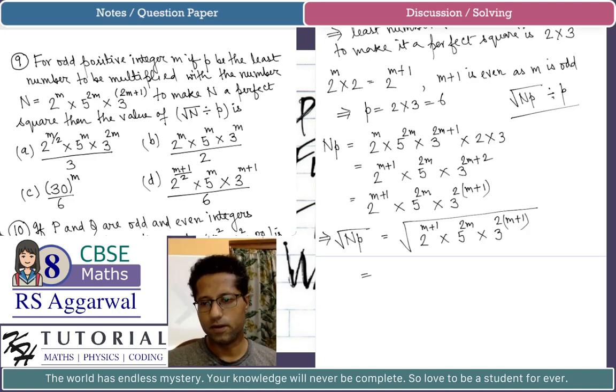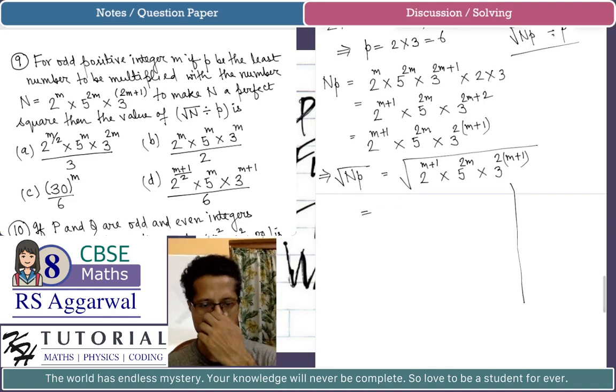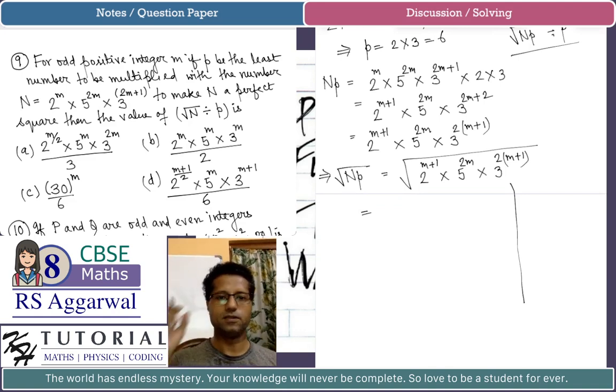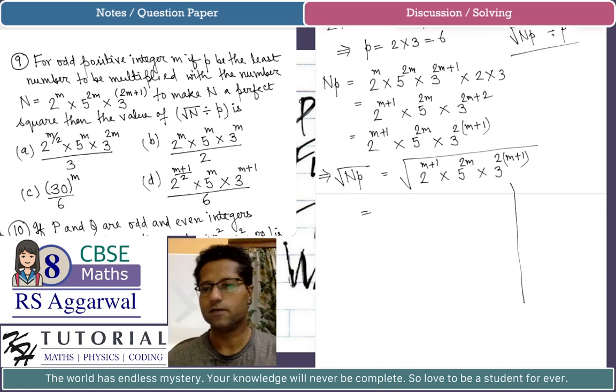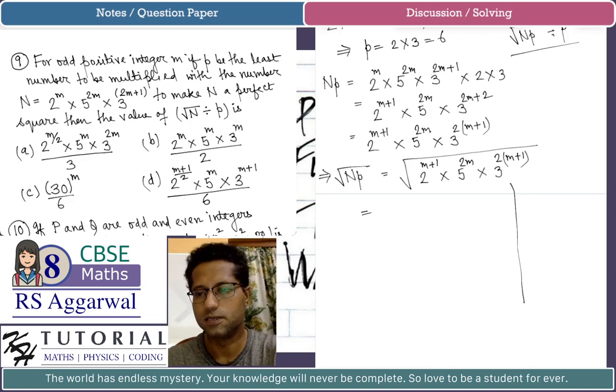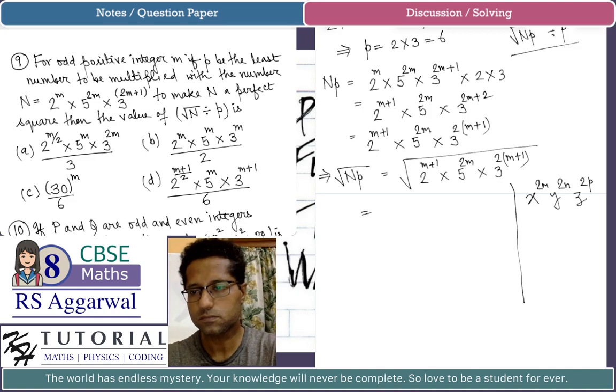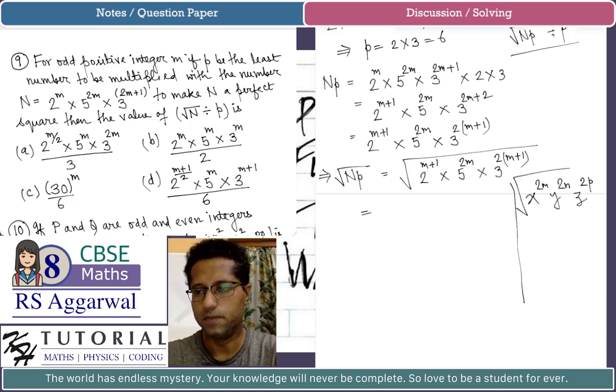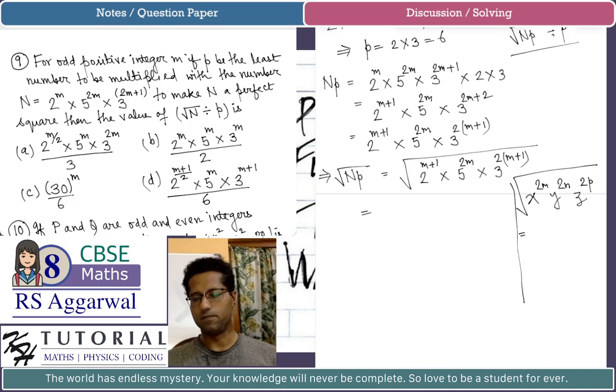Now, one concept that I already discussed in the theoretical videos regarding properties of square roots is that if you have a number in the form of powers of factors, let's say x to the power 2m multiplied by y to the power 2n multiplied by z to the power 2p, then its square root is obtained by dividing all the powers by 2.